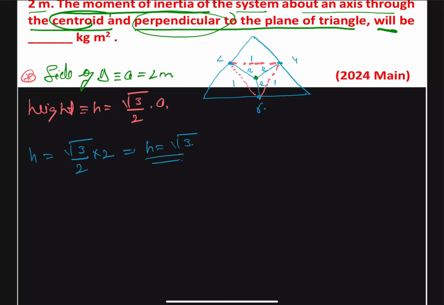Okay. And the distance of the centroid to the midpoint of its side, which we are here calling as r.